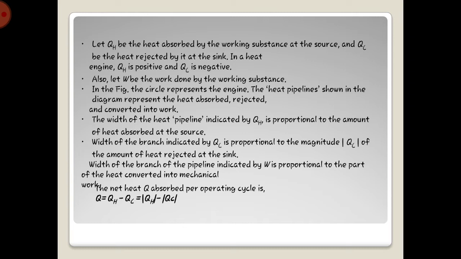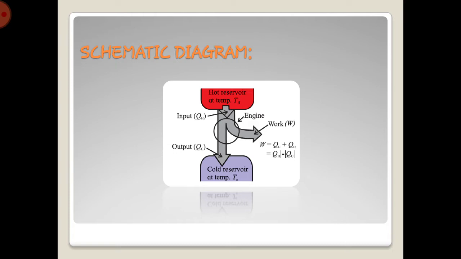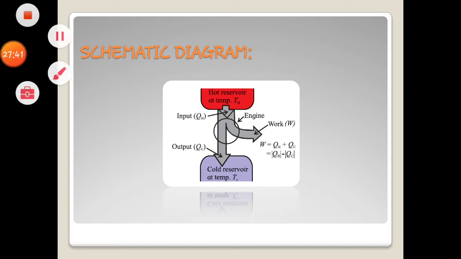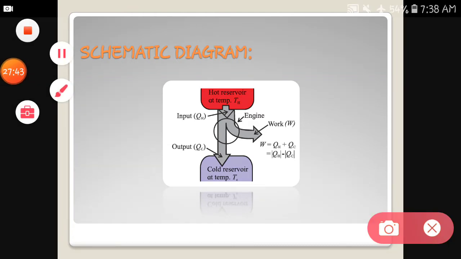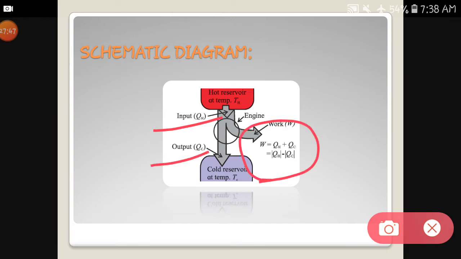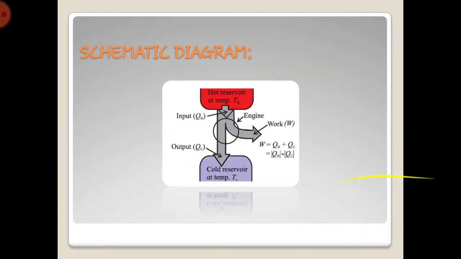We have seen the energy flow diagram. Now you may observe that there are some terms which are unknown to us. The first terms which we haven't discussed are QH and QC. So where do they come from? Let us find out.